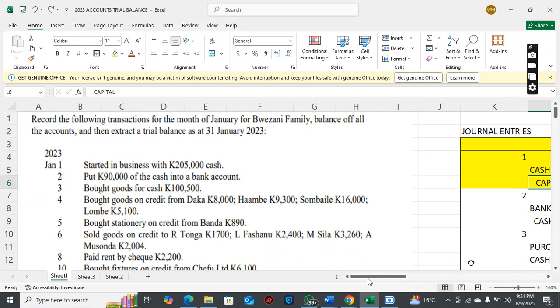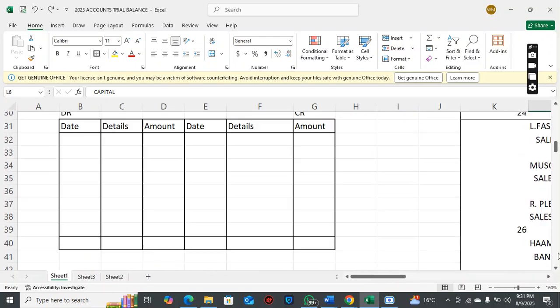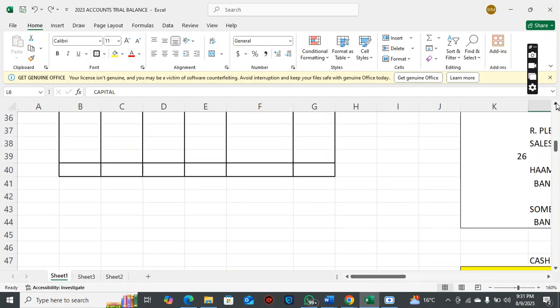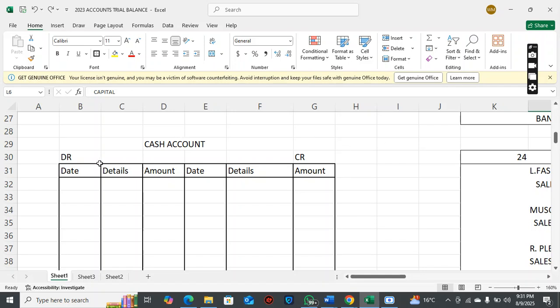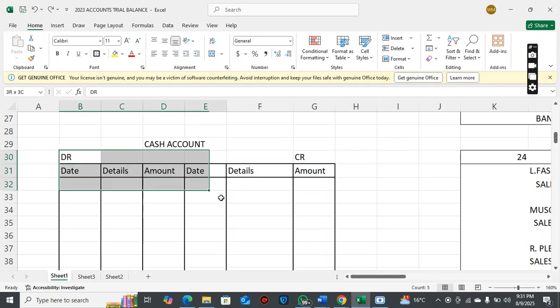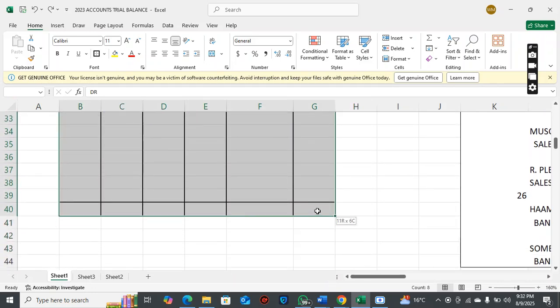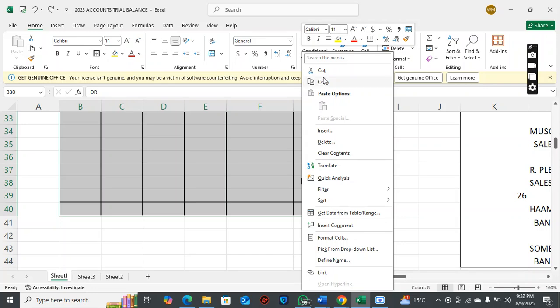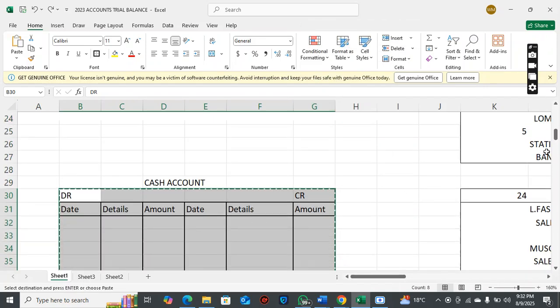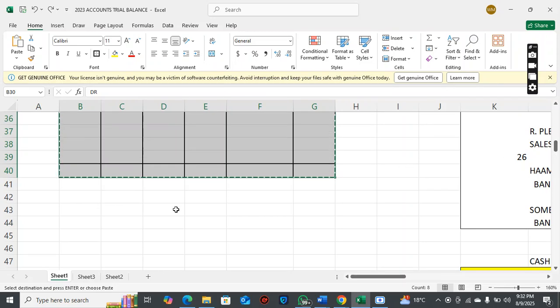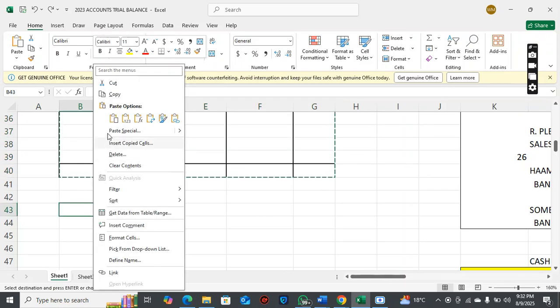So open up the cash account here. All right. And let me also open up the capital account. So whatever the journal entry is saying, you do it when you're posting to these accounts. On the journal entry, it said debit cash.